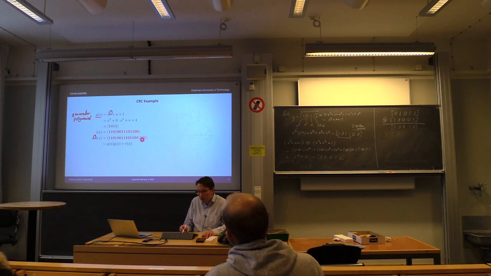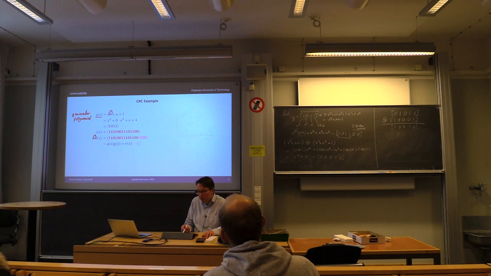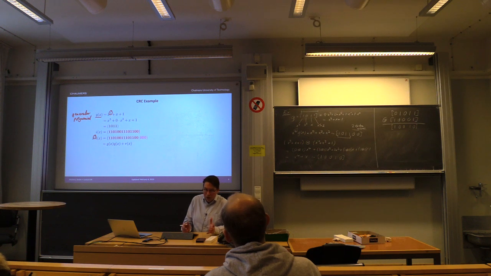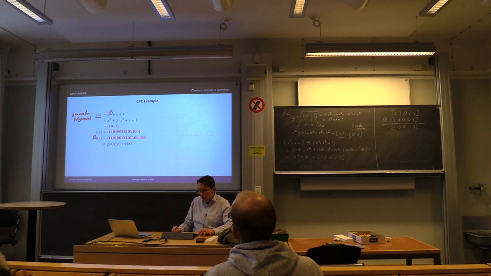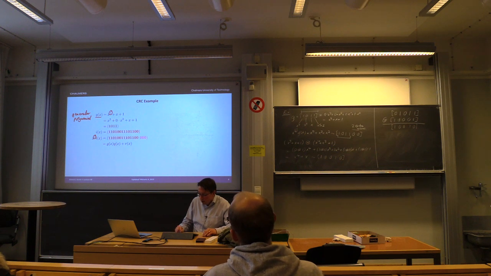Since we are dividing by a degree 3 polynomial, we have a degree 2 remainder polynomial, which is represented by 3 bits. So one of the difficulties here is to go between degrees and the number of bits, as you see, because one is one more than the other, back and forth. Okay, so let's do this.